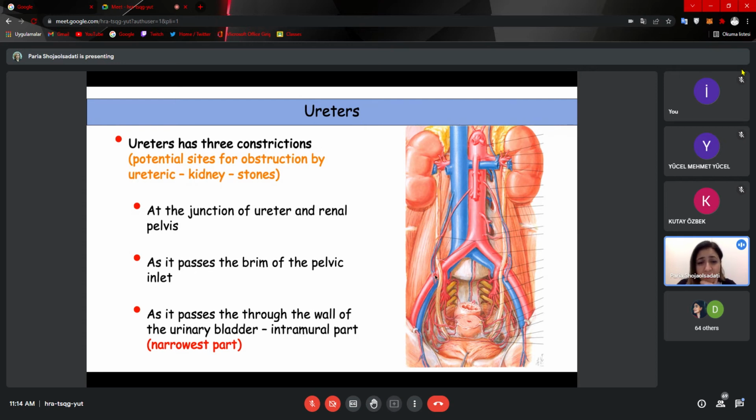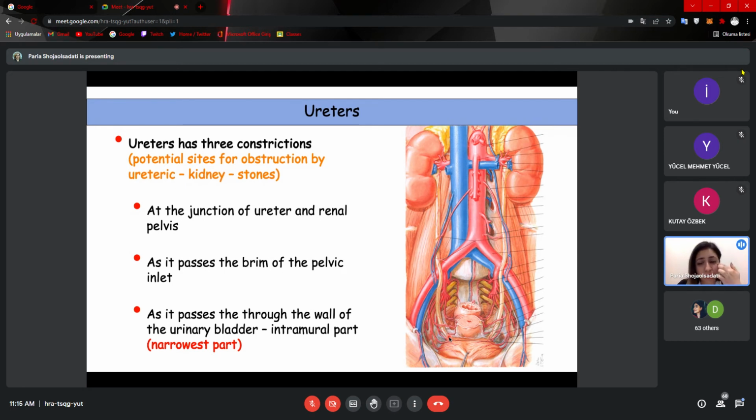The second constriction point is at the level of the pelvic brim, where this structure crosses the common iliac. And the last and narrowest part of this organ is the part that is embedded in the wall of the bladder, or the intramural part.